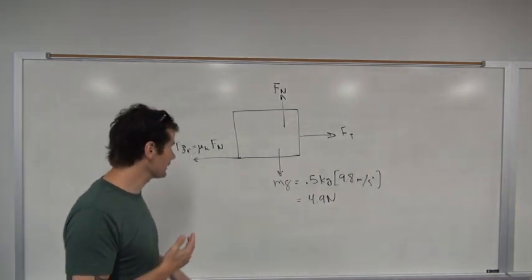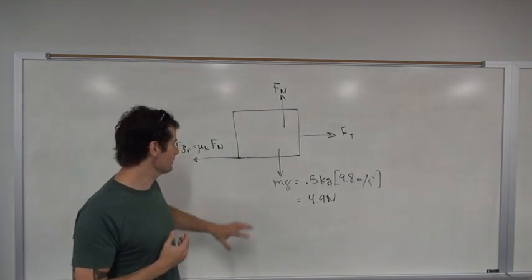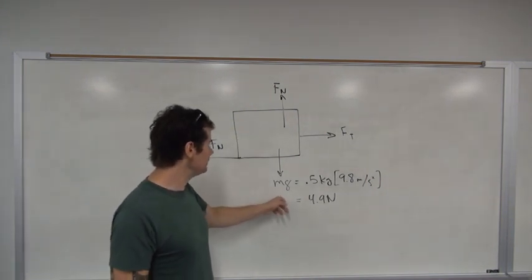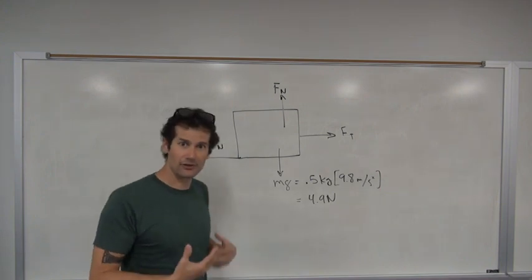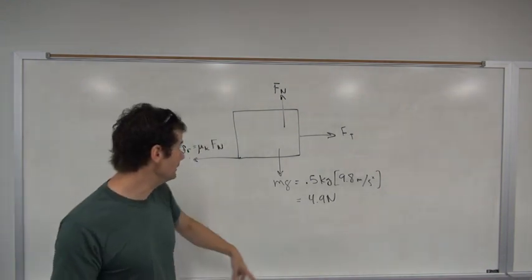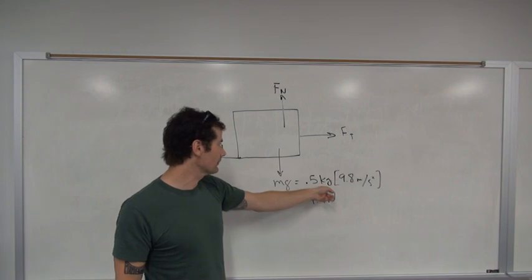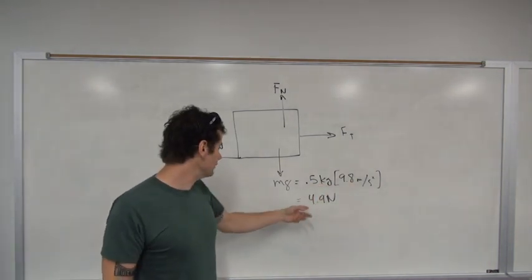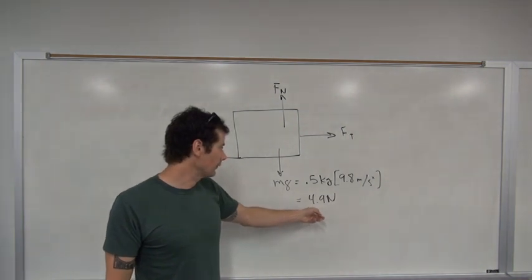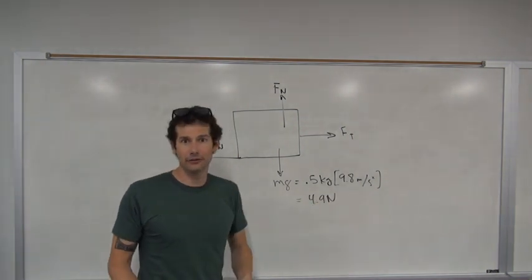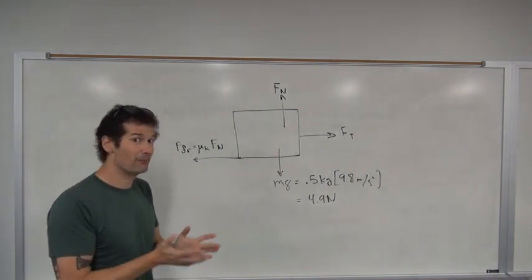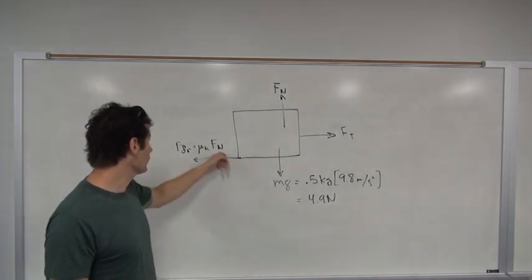We're looking at a very, very simple free body diagram today. mg is just the force of gravity pulling down onto our weight. That's 0.5 kilograms times 9.8 meters per second squared, and that gives us a normal force of 4.9 newtons. Everything about the friction force is dependent upon the normal force.